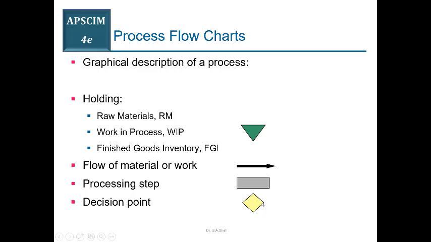For example, if you have multiple paths available for the workpiece to follow, then you have to take a decision as to which path will be followed by the workpiece after a processing step. So these are the graphical representations of the process flow charts.